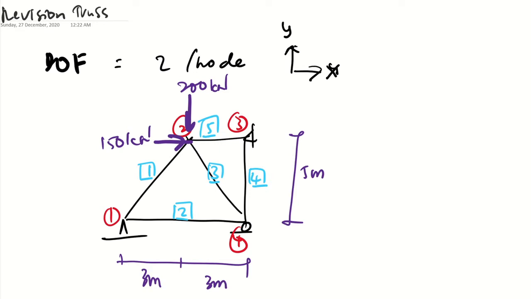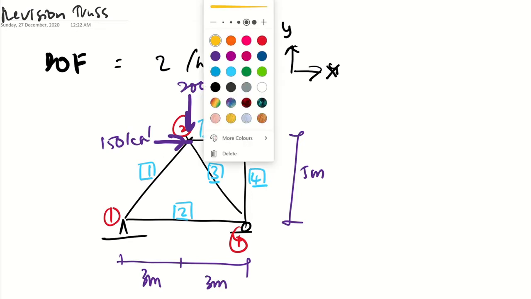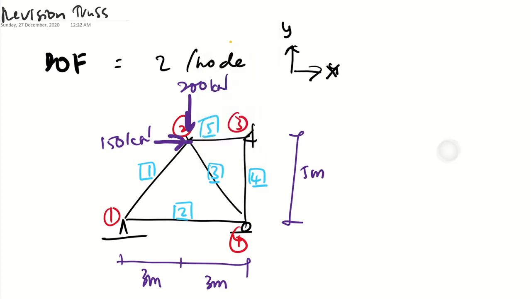Then what we need to put here besides all this is the arrow. The arrow can be put in any direction that we like. And then the coordinate.